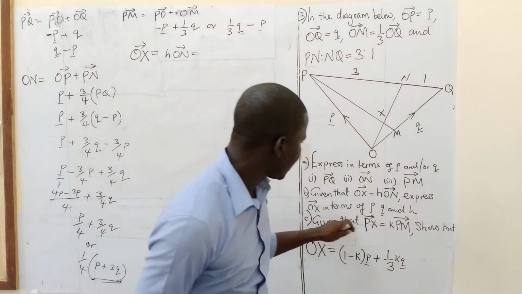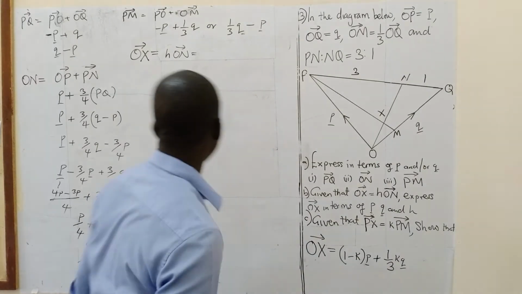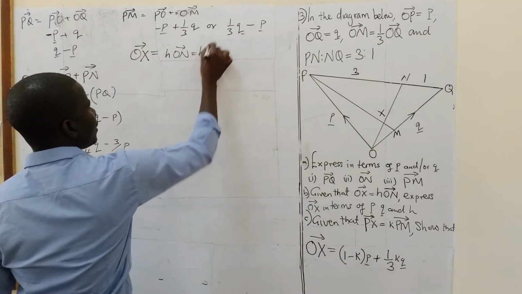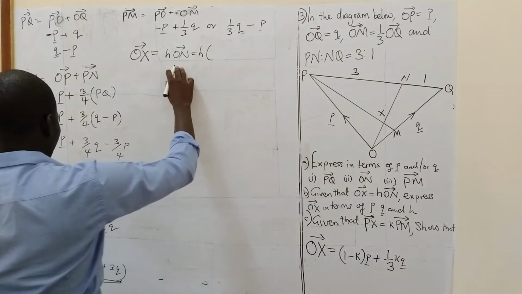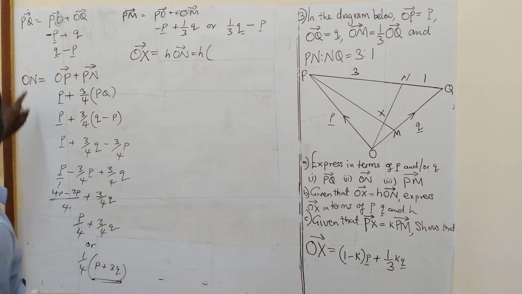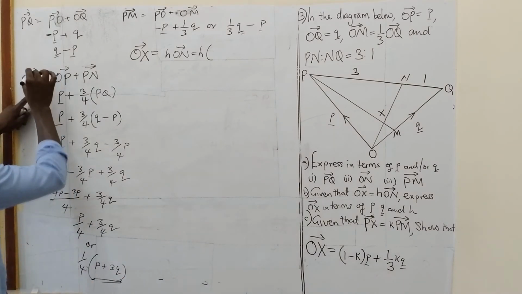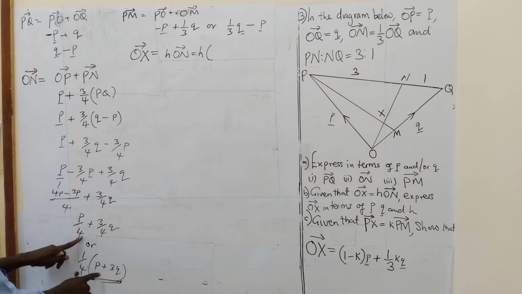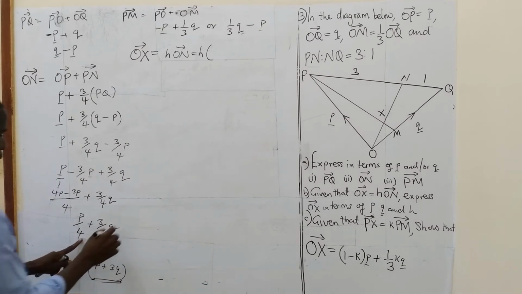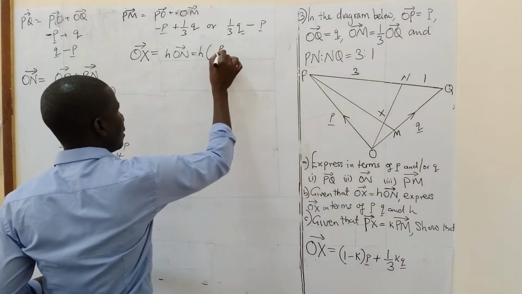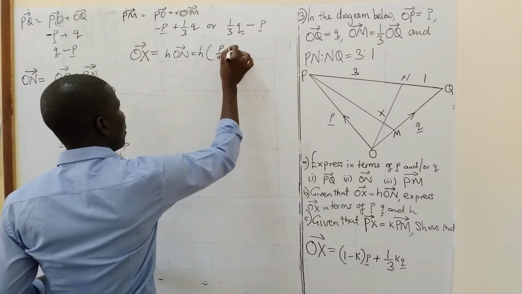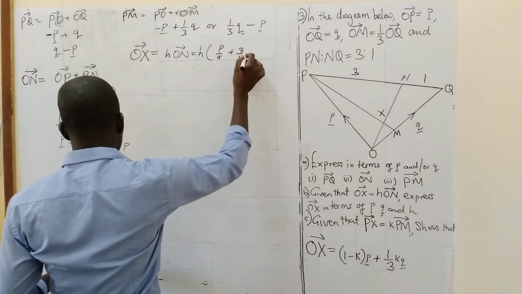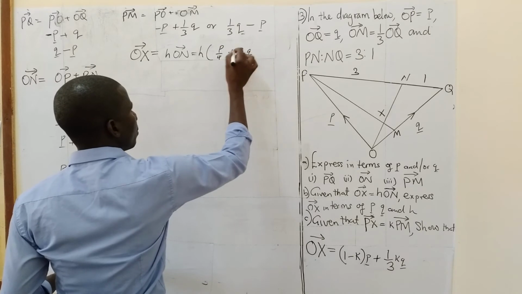Express OX in terms of p, q, and h. So we have h. What is our ON? Our ON is here, so we can even pick it at this point, where we're going to have p over 4 plus 3 over 4 q.